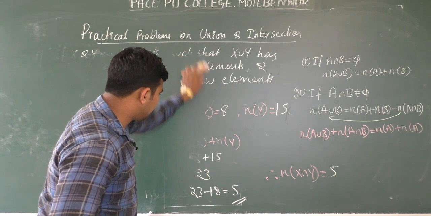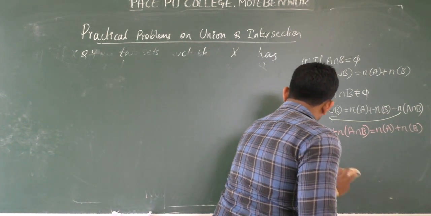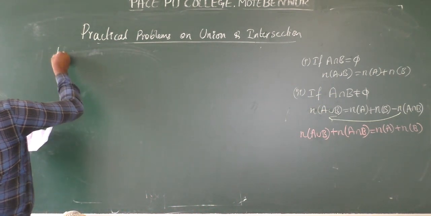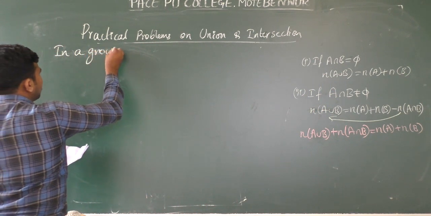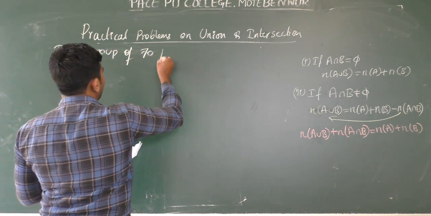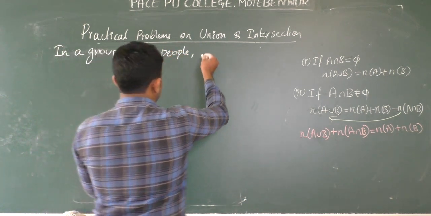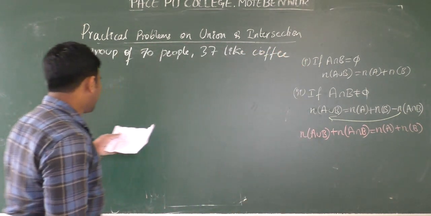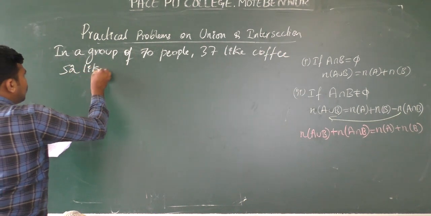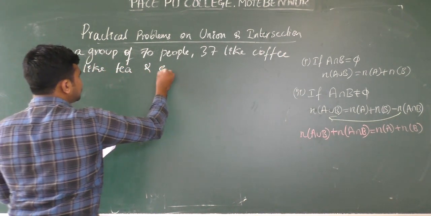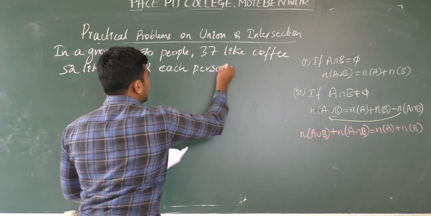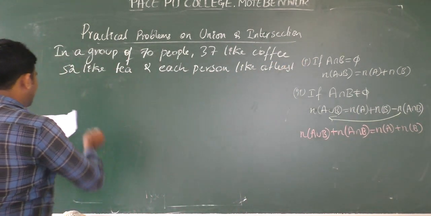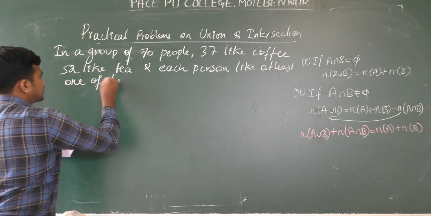The last problem is, say, in a group of 70 people, 37 like coffee, 52 like tea, and each person likes at least one of the two kinds.